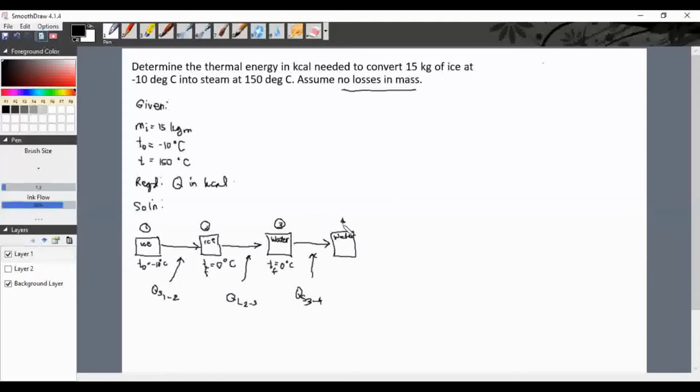So, ano mangyayari sa temperature? So, dadalhin natin yung temperature ng water or i-bring natin yung water into its boiling point. So, we have T sub B of 100 degrees Celsius, no? Assuming natin ito lahat ay 1 atmosphere in pressure.